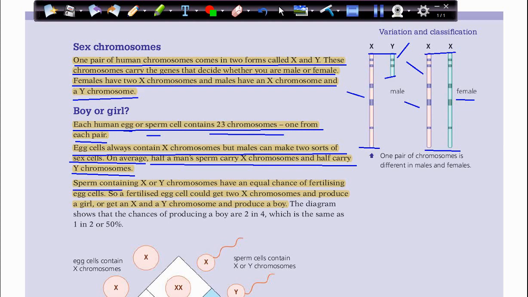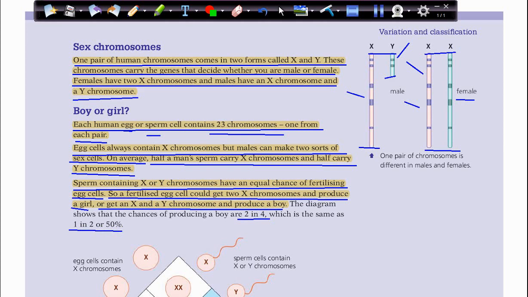Sperm containing X or Y chromosomes have an equal chance of fertilizing the egg cell, because 50% of them are X and 50% are Y. So a fertilized egg cell could get 2 X chromosomes and produce a girl, or get an X and Y chromosome and produce a boy. This diagram shows the chance of producing a boy is 2 in 4, that means 1 in 2 or 50%.